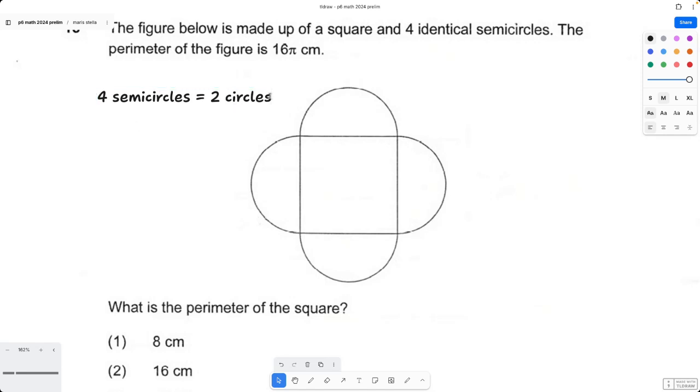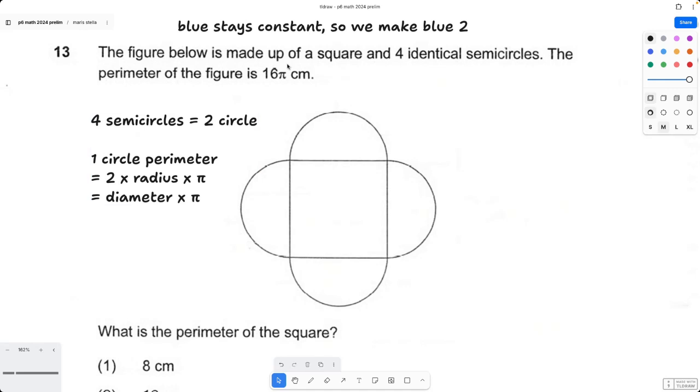Okay, so with that said, the parameter of the figure, so 1 circle parameter is equal to 2 pi r, 2 times radius times pi, or diameter times pi.